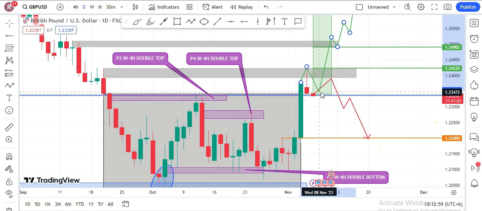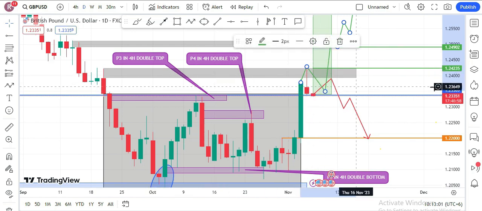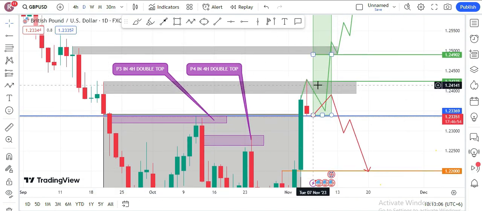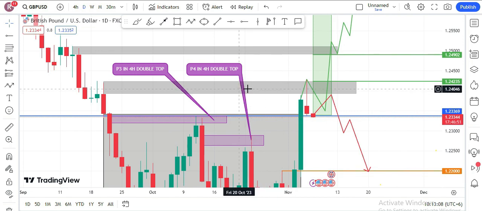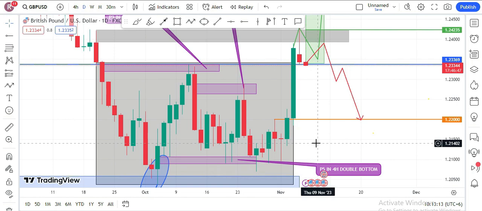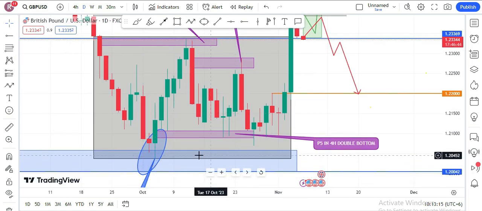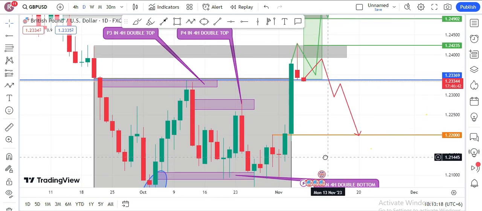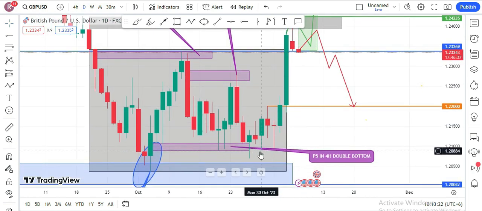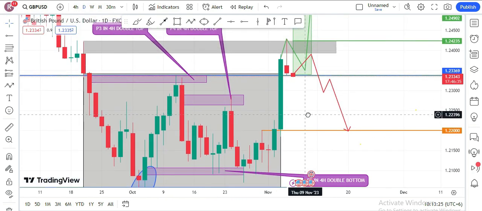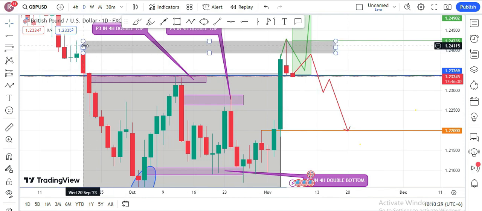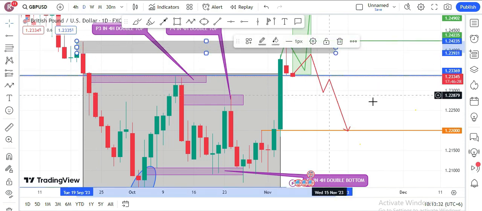You can see this. So what happened here, the development is that we don't have the confirmation of this double top in the time frame. As you know, this was the bottom which created this top, and this top created this bottom, and now this bottom has created this top already, and we have a double bottom officially, we can declare.